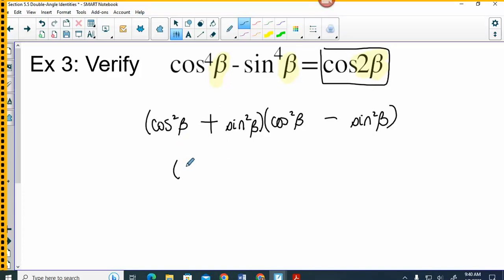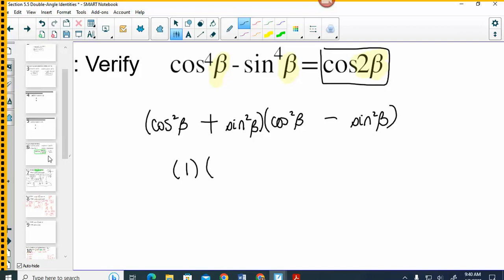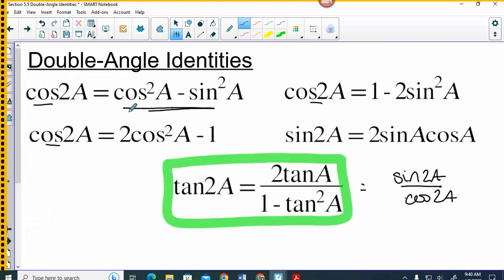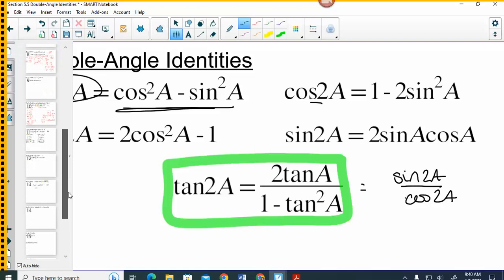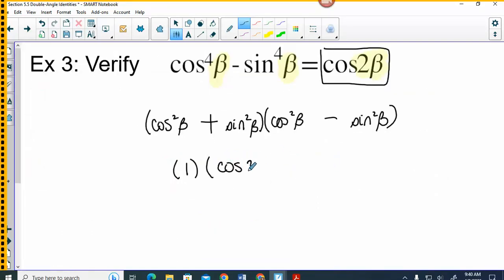Cosine squared plus sine squared, we know from our formulas that we've used forever, that is 1. Cosine squared minus sine squared, if you look back, that is cosine 2a. So I can use that double angle formula. And 1 times cosine 2 beta is cosine 2 beta.